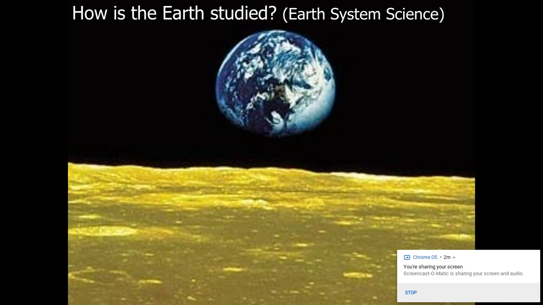This picture shows the Earth viewed from the surface of the moon. So you can imagine astronauts and scientists standing on the moon, looking out in the vastness of space and seeing the Earth for the first time from a different perspective.